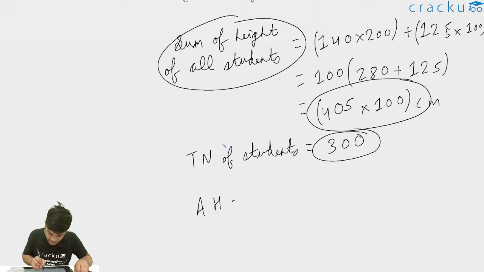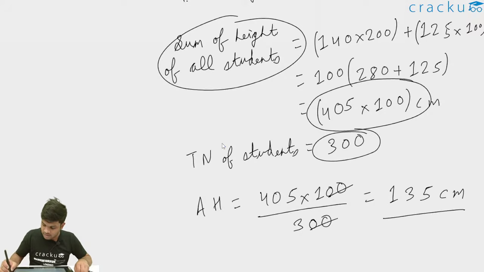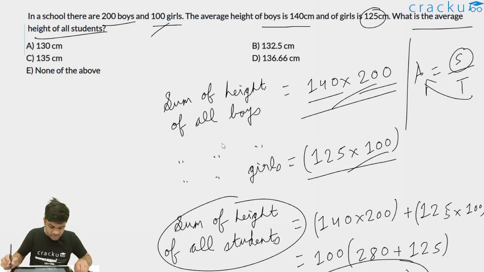So the average height will be 405 into 100 divided by 300. Double zero and double zero will cancel out, and 405 by 3 is nothing but 135 centimeter. So our answer is 135 centimeter, which is option number C. So the average height of the entire class is 135 centimeter.